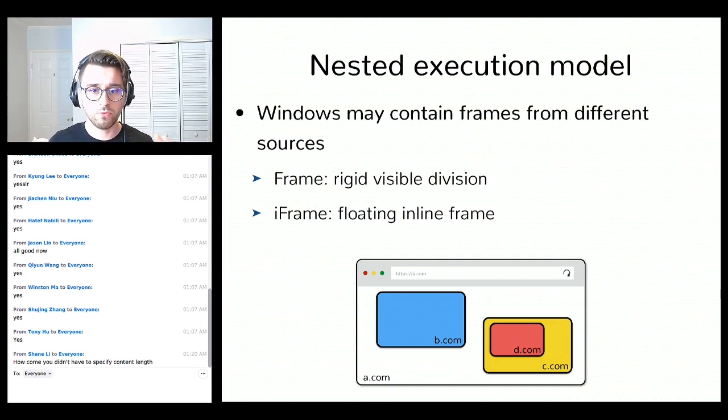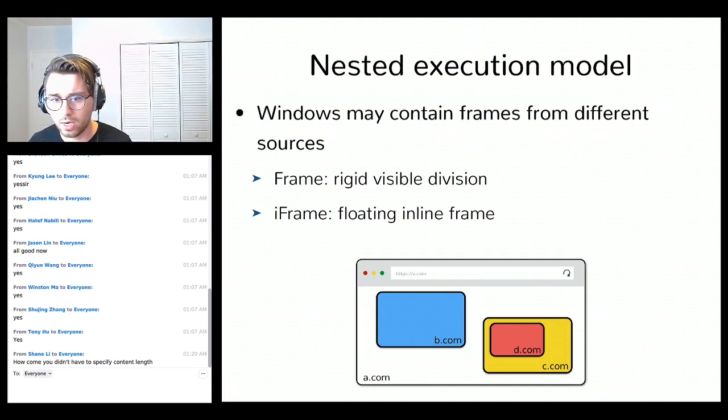They can be embedded rigidly, so we can actually have direct frames. Or really, what we're going to have is what are called floating inline frames or iframes. This is basically what most websites use, so that they don't even look like they're loaded from a different page or a different source, because they look really pretty and can be resized according to whatever the outer page styling looks like.